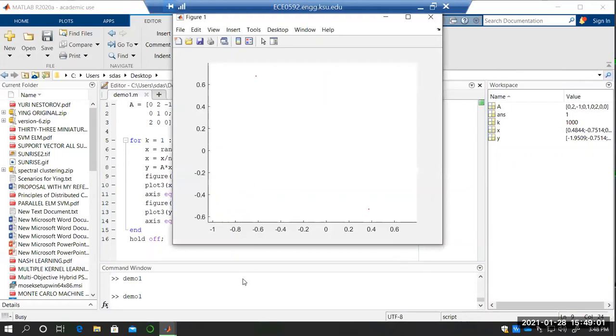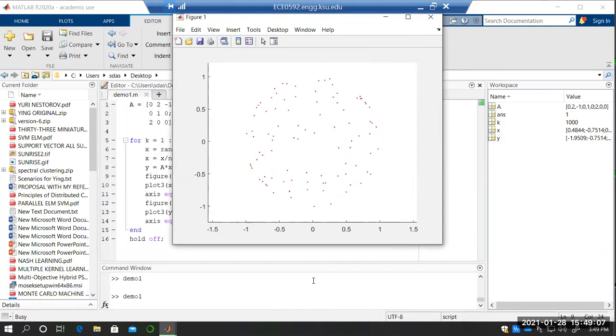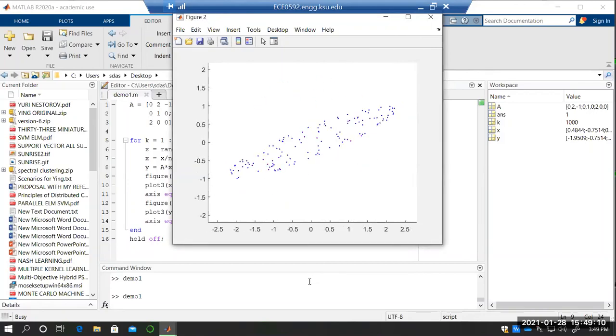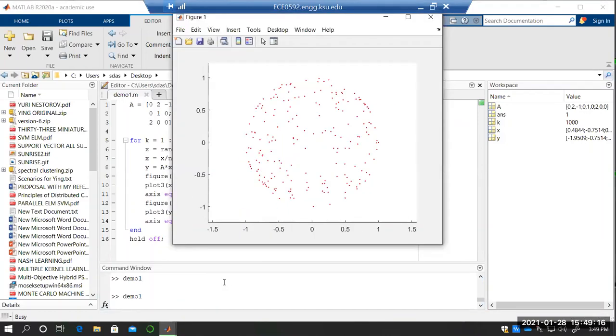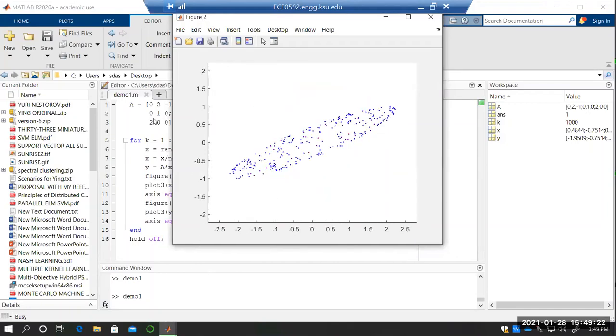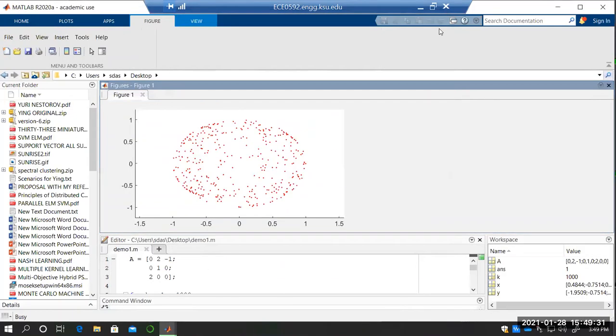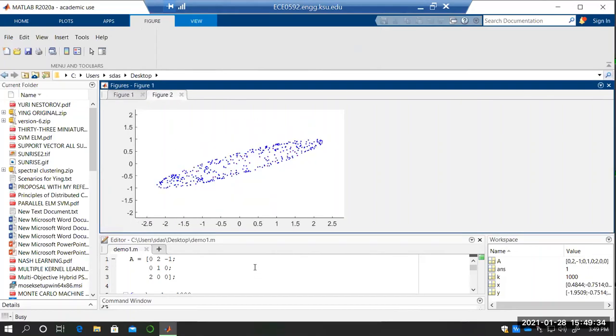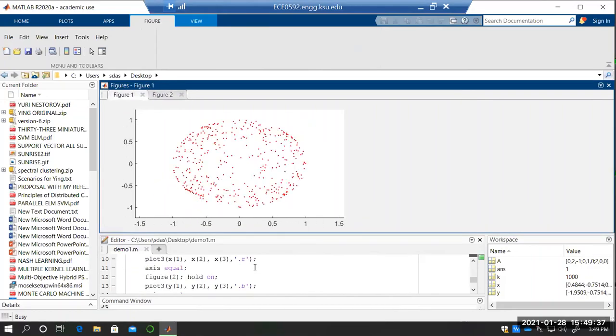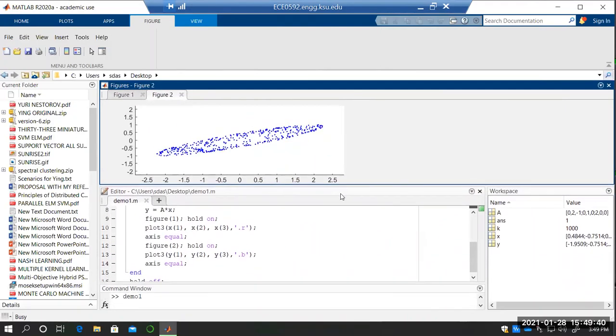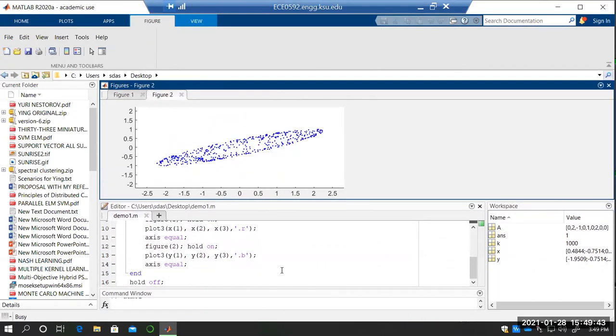Yeah, I think you're right. Well, you can see the points being plotted one after the other now. Did I do figure 1 and figure 2? Yeah, figure 1 and figure 2.